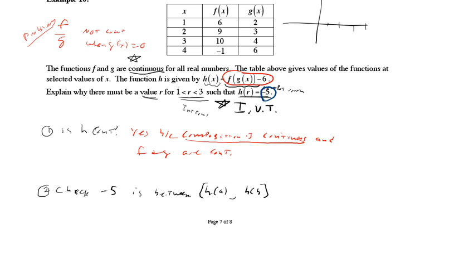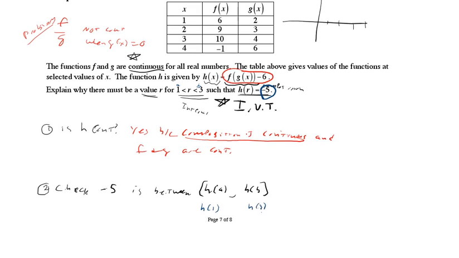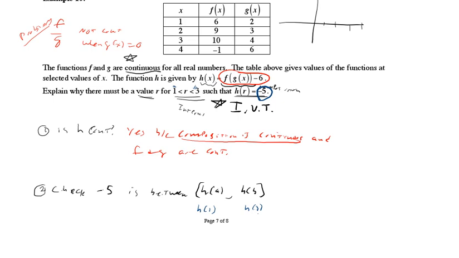And this is my A, and this is my B. So I'm going to plug in h of 1, and I'm going to plug in h of 3. There's no simple way. You just got to show what is h of 1, what is h of 3. H of 1 is f of g of 1 minus 6.